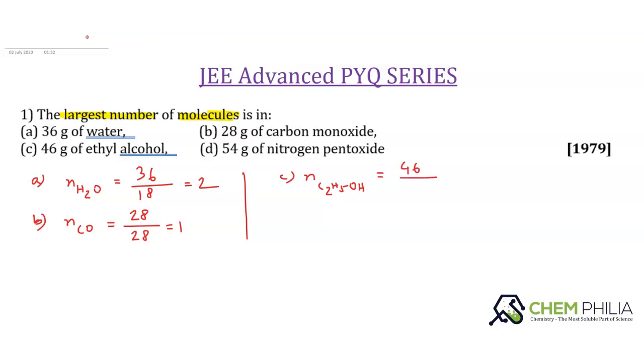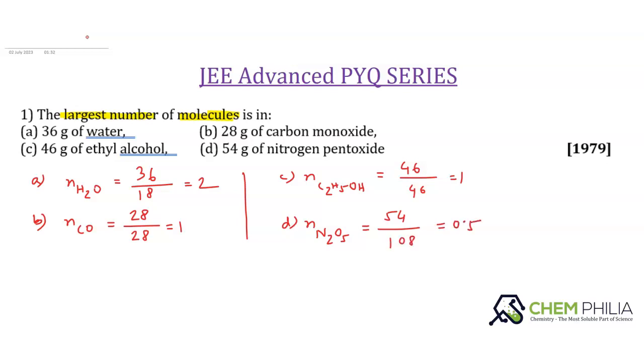The formula you have seen, it's C2H5OH. So its molecular weight is also 46. Okay, so it's 1. And option D, number of moles of nitrogen pentoxide N2O5. So it's 54 divided by, now nitrogen pentoxide's molecular weight, if you calculate, it will be 108.